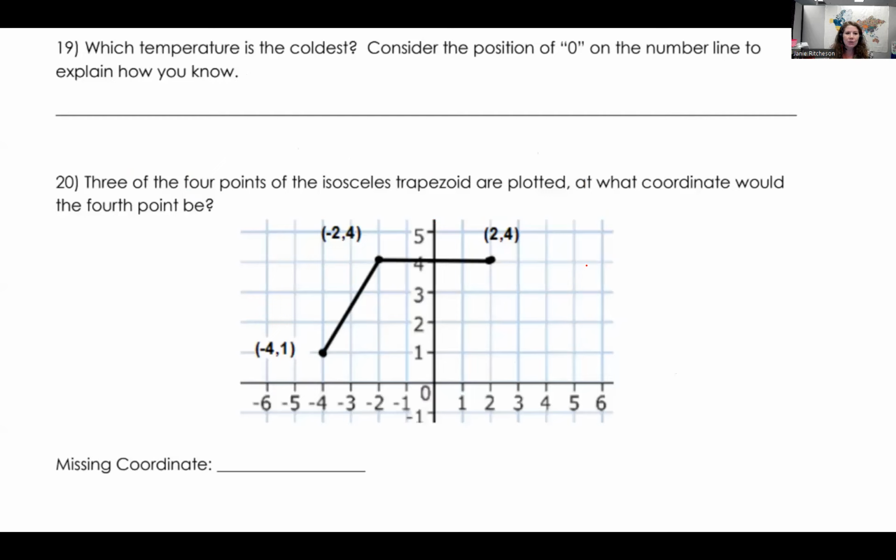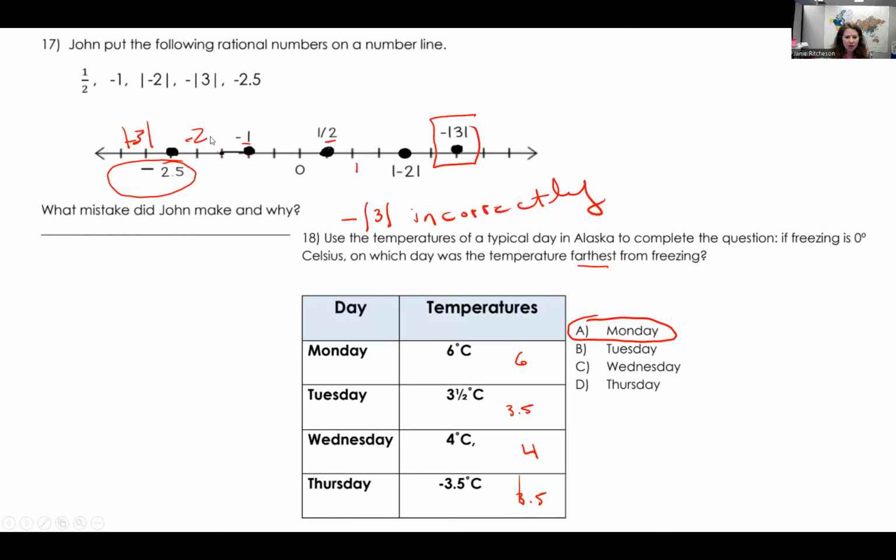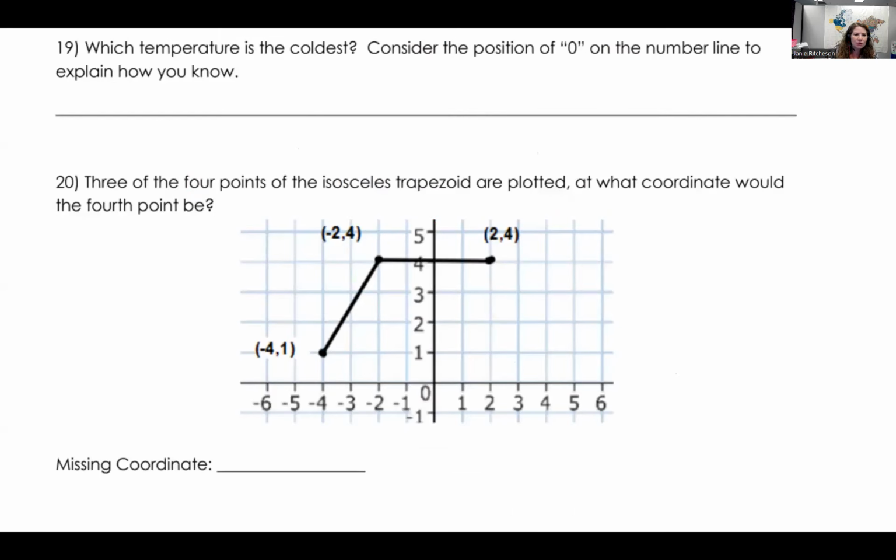All right, number 19, which temperature is coldest? Consider the position of 0 on the number line to explain your answer, or explain how you know. All right, so that goes back to this one. So the question is, which one's coldest? So Thursday is coldest. And then what does it say? Which temperature is coldest?